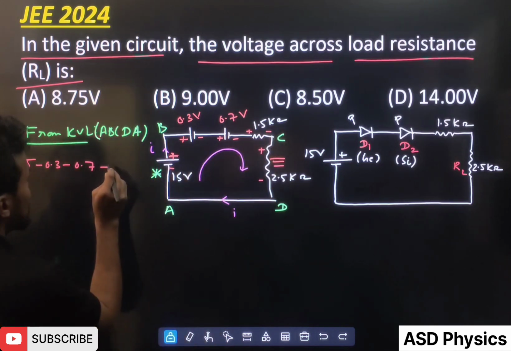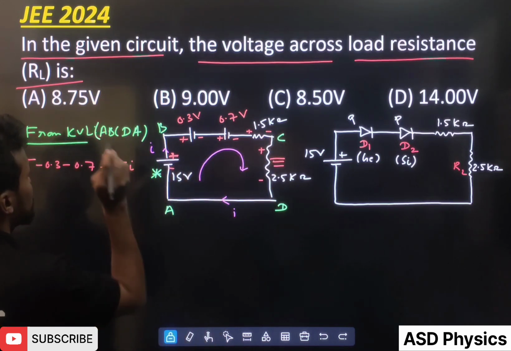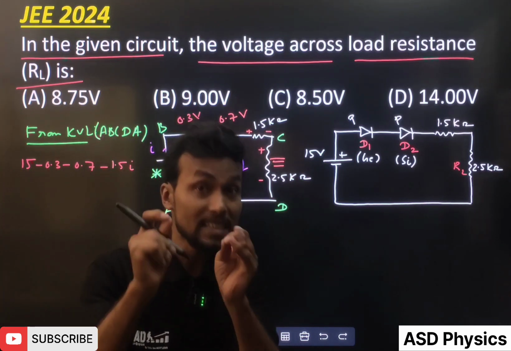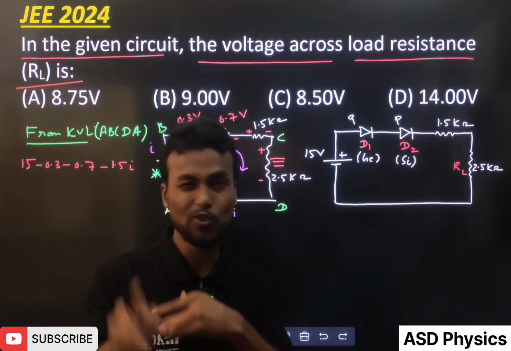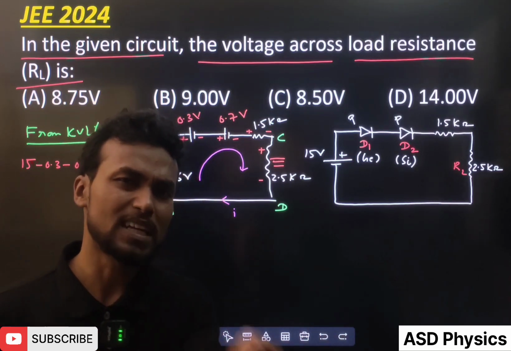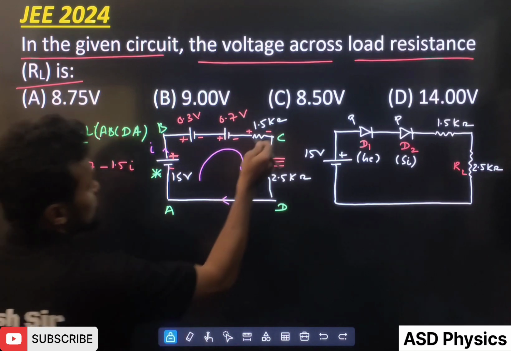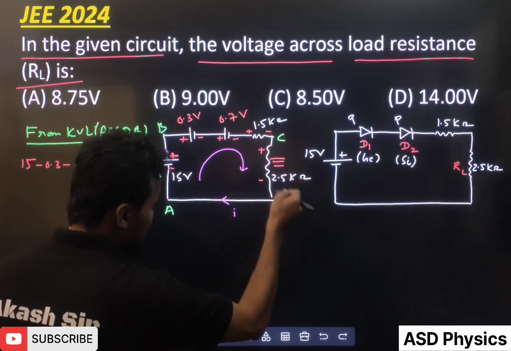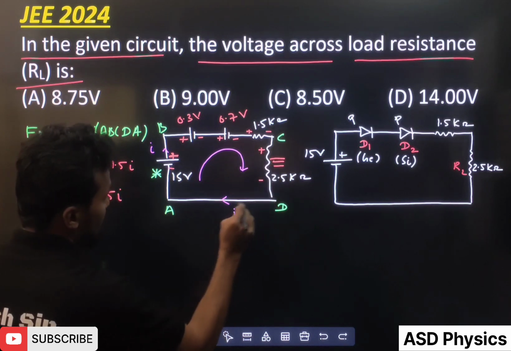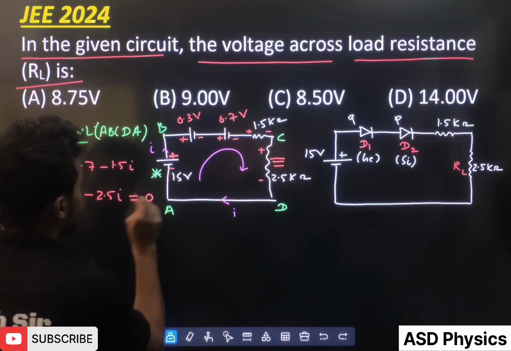I into 1.5, so we can write 1.5I. Remember that when the resistance is in kilo ohm, the current will come in milliampere automatically. No need to involve 10 to the power 3, minus 3 and all that. Very simple. So minus 1.5I. Next one in this direction, minus 2.5I. And again we have reached here, equal to 0.